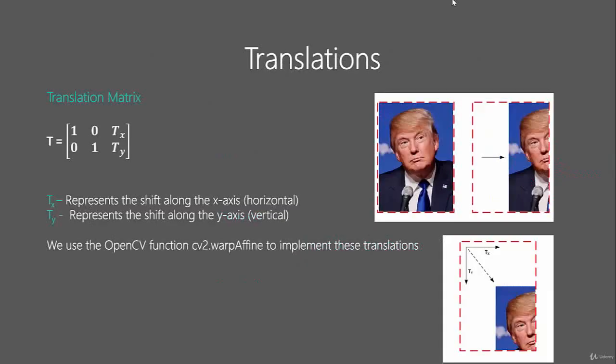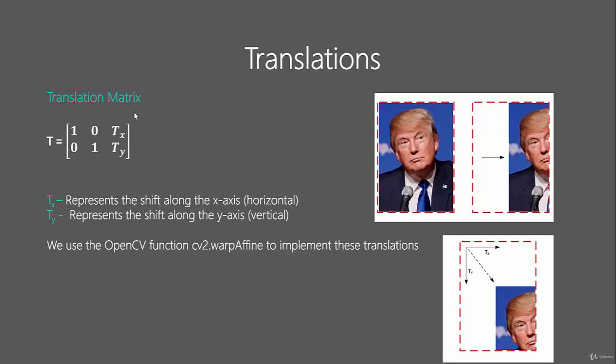So let's talk a bit about translations. Translations are actually very simple, and it's basically moving an image in one direction. It can be left, right, up, down, or even diagonal if we implement an X and Y translation at the same time. So to perform a translation, we use OpenCV's cv2.warpAffine function, but that function requires what we call the translation matrix.